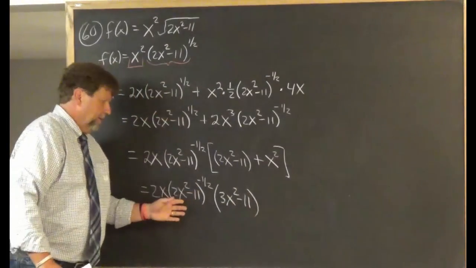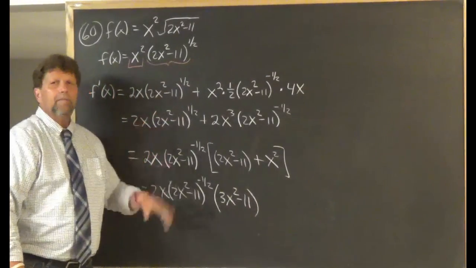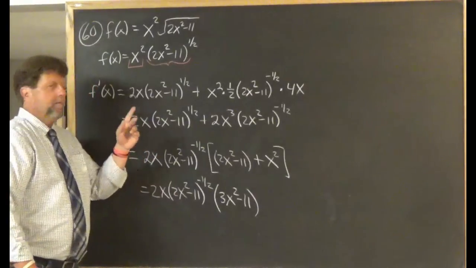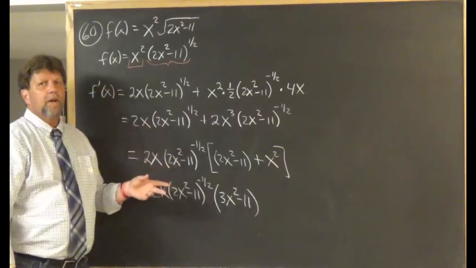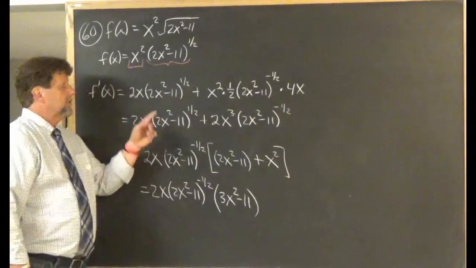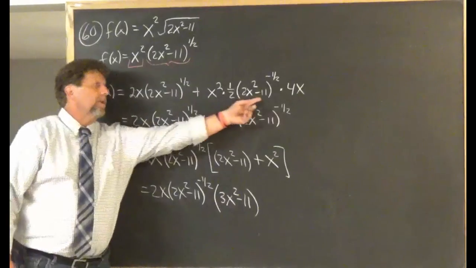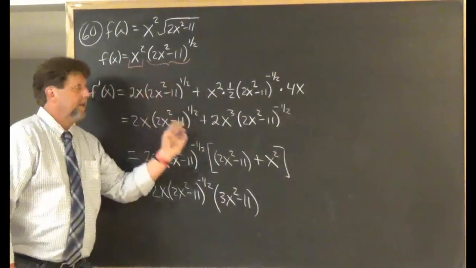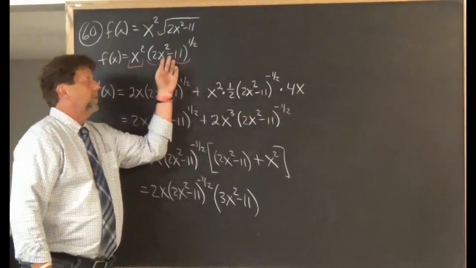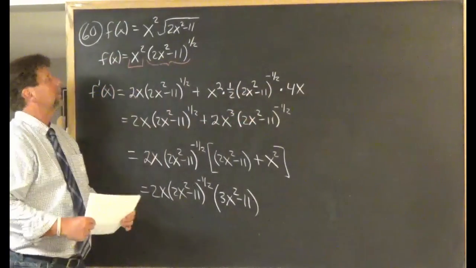Okay, yeah, I could rewrite it without a negative exponent, but I'm done simplifying. So keep in mind, this is the derivative. Everything after this is just algebraic simplification. So hopefully you have the derivative, which was the result of using the product rule in conjunction with the chain rule when we differentiated that.